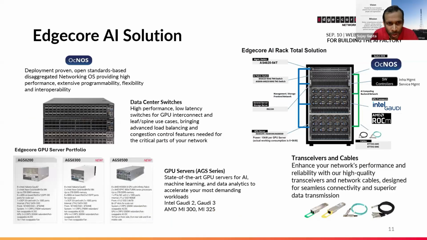So in terms of an Edgecore AI solution, we just talked about the switches, but as a company, Edgecore doesn't just have the switches, right? Which is mentioned on the left side here. We also have GPU servers, right? Other than NVIDIA, the other primary competitors in the market are basically the AMDs and the Intels.